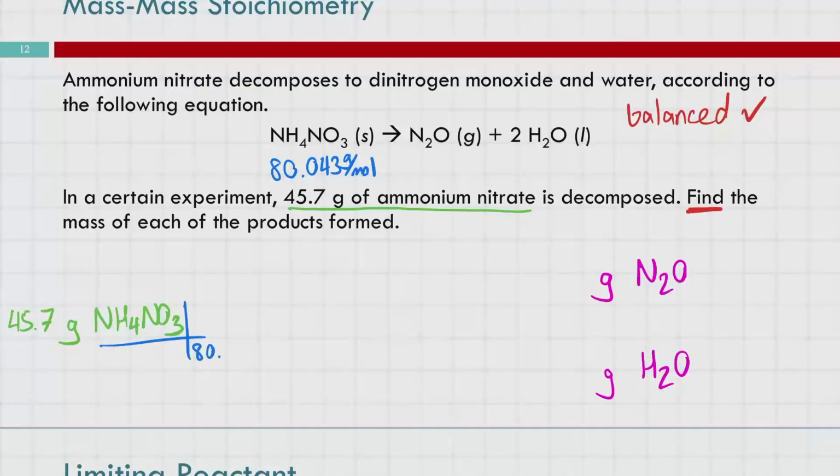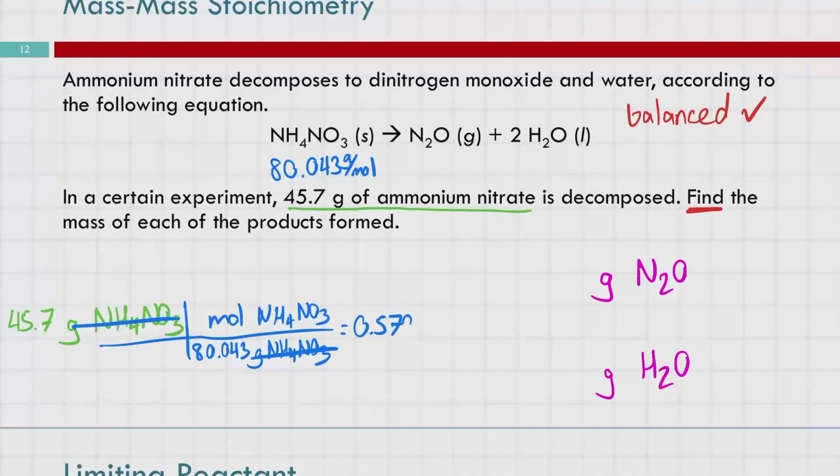So dividing by our molar mass converts us to moles ammonium nitrate. So 45.7 divided by that number, 0.5709... moles NH4NO3.